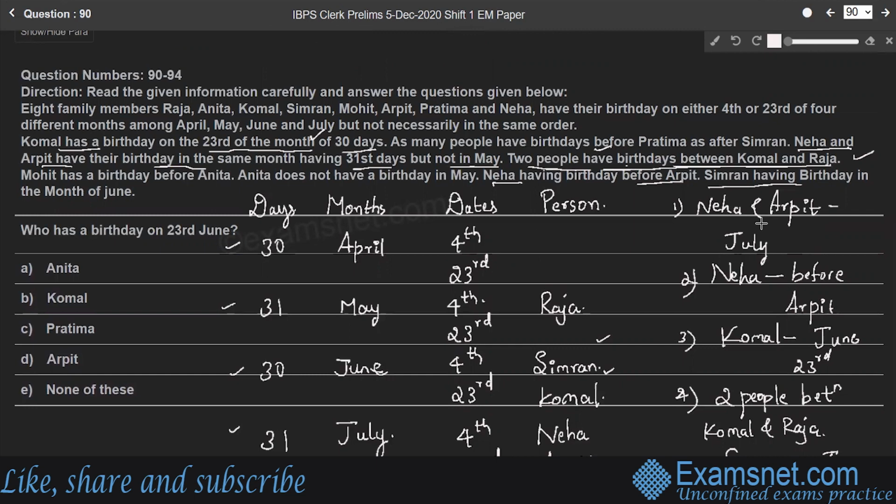Right? So next is as many people have birthdays before Pratima as after Simran. We don't know on which date Pratima was born, right? So the number of people after Simran is equal to the number of people before Pratima.